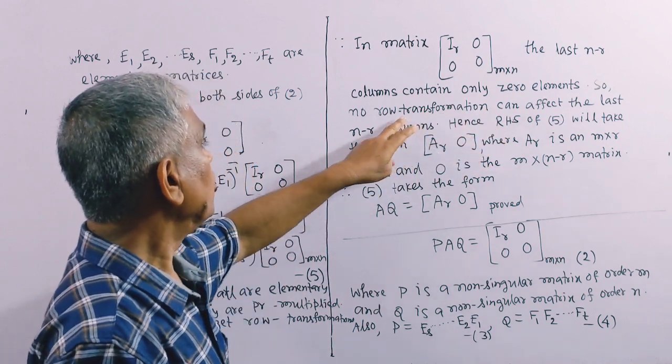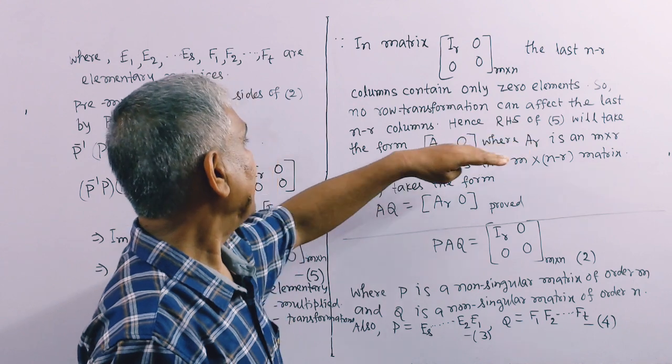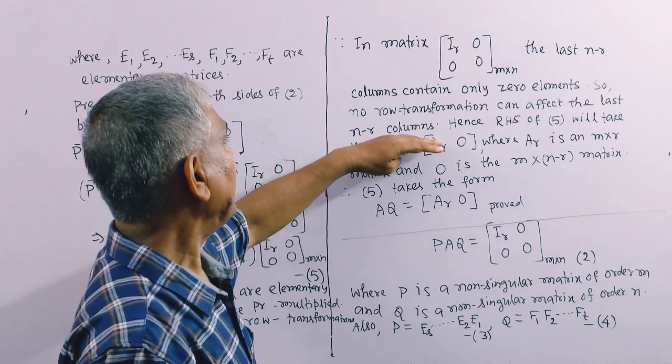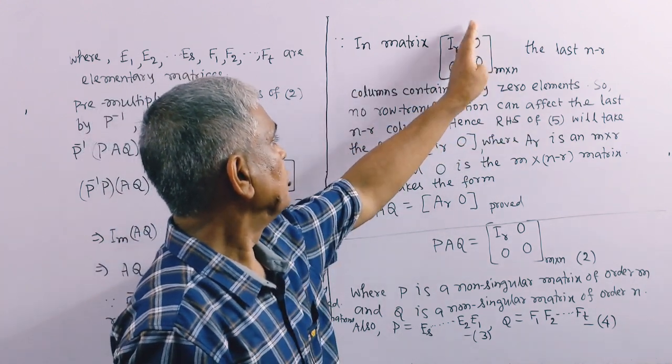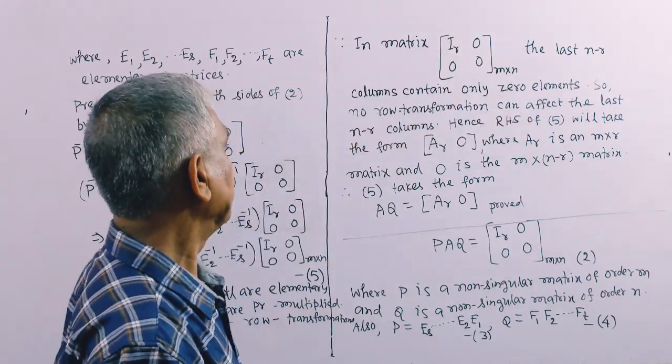So no row transformation can affect the last n minus r columns. These columns will not be affected by row transformations.